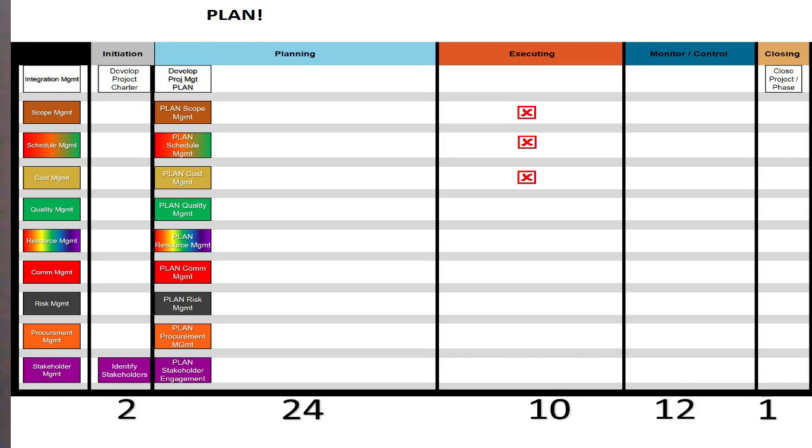And every single one of them will precede with the word plan, with the exception of integration, because at the end of the day, all of these 9 plan documents, we have to integrate them into one master project management plan. Yeah, so that's easy to remember, right? So every single knowledge area, there is a plan that you need to develop. All right, let's go to the next one.